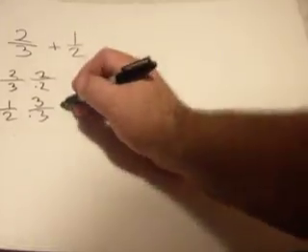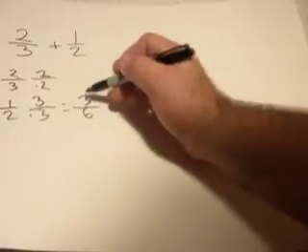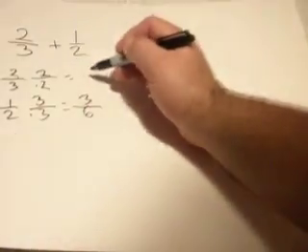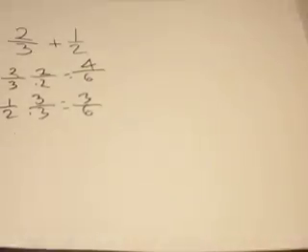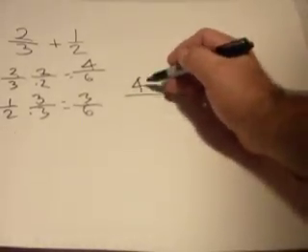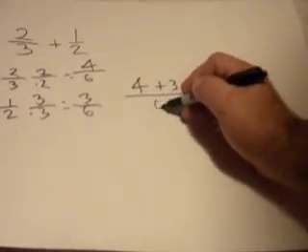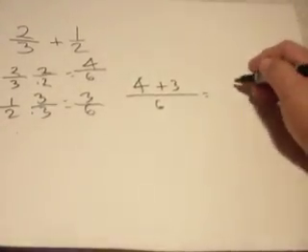And so I wind up with 2 times 3 is 6. 1 times 3 is 3. 2 times 3 is 6. Again, I got the common denominator. 2 times 2 is 4. So I have a new fraction, 4 plus 3 over 6, because we have a common denominator now. 4 plus 3 is 7/6.